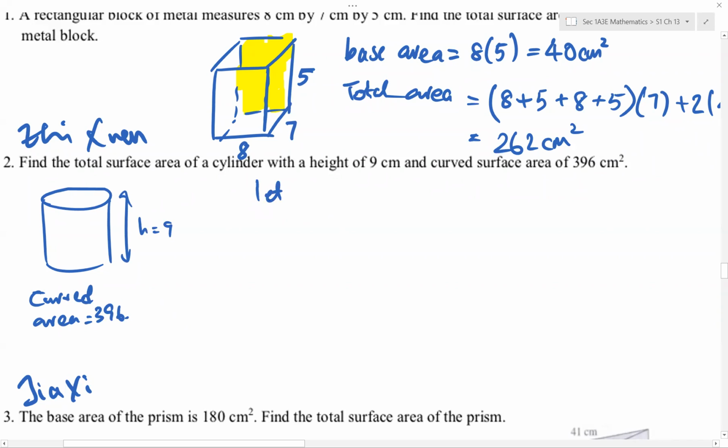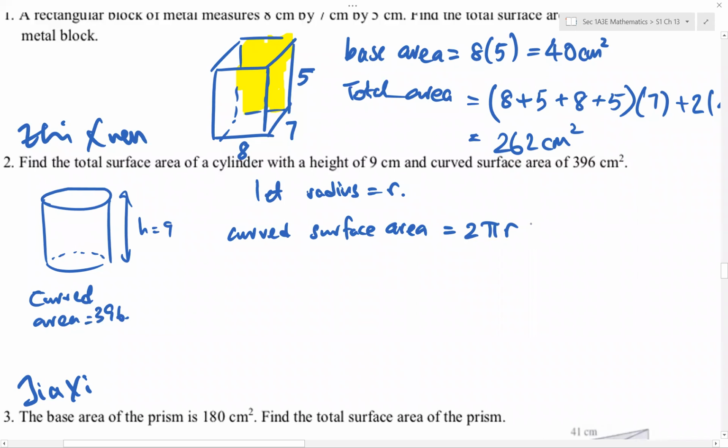Let radius equal R. Now the curved surface area equals the perimeter of the base, 2 pi r, the radius, times the height.